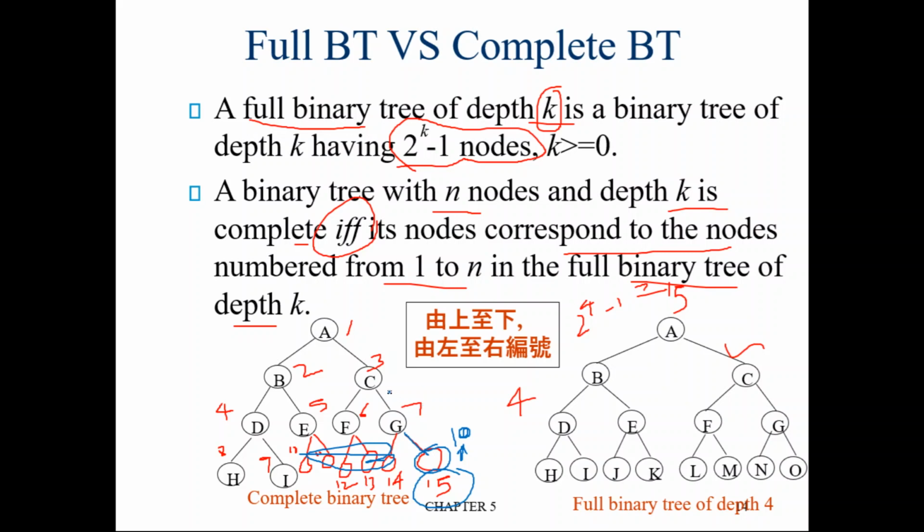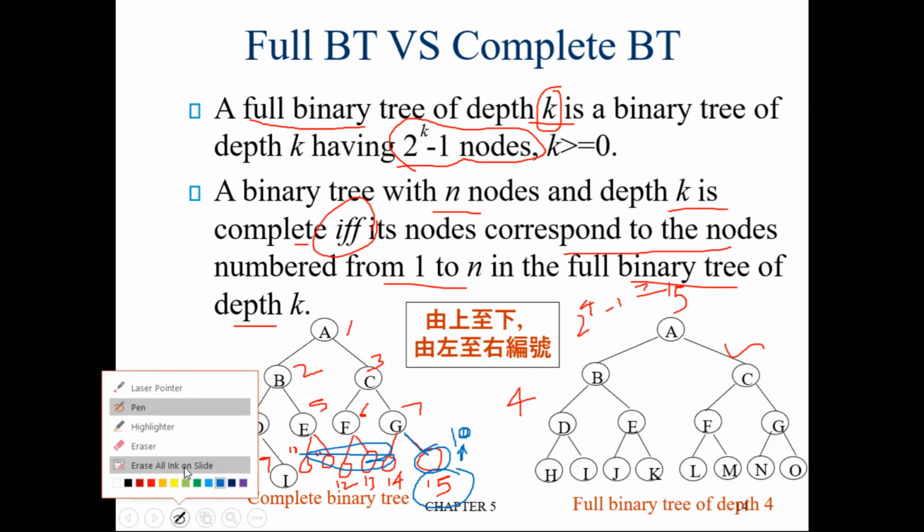So if the numbering of the nodes of a given binary tree does not match with the numbering of the respective full binary tree, then such a binary tree cannot be called a complete binary tree. If the numbering of a node of a given binary tree matches with the numbering of the particular node in the full binary tree, then you can say that the tree is a complete binary tree.